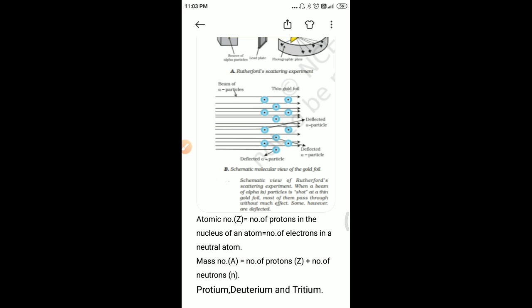For example, 99.985% of hydrogen contains only one proton, and that isotope is called protium, 1H1. The rest of the hydrogen contains two other isotopes.